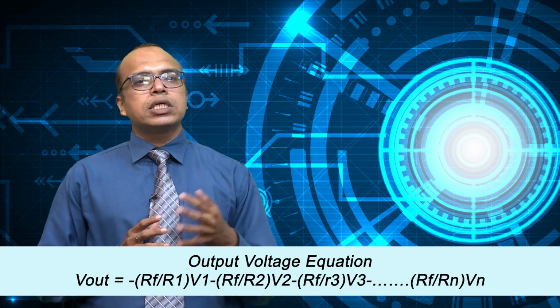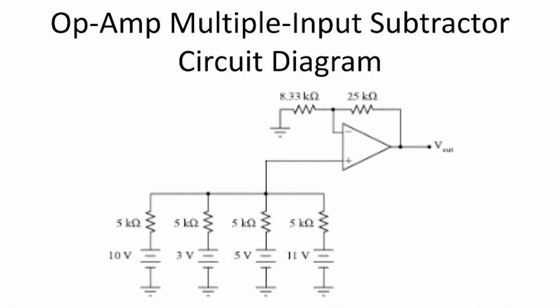Now, we discuss the multiple input subtractor circuit diagram, which is shown below. In this subtractor diagram, the op amp is the core component of the circuit. It has two input terminals, inverting and non-inverting, and one output terminal.